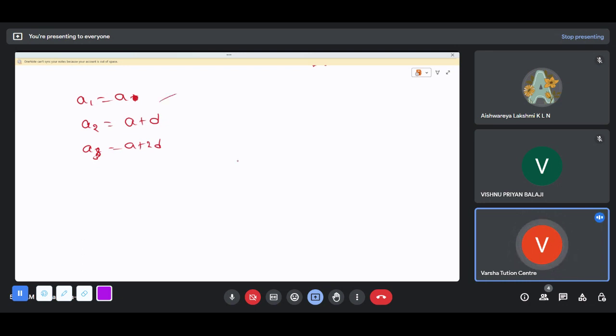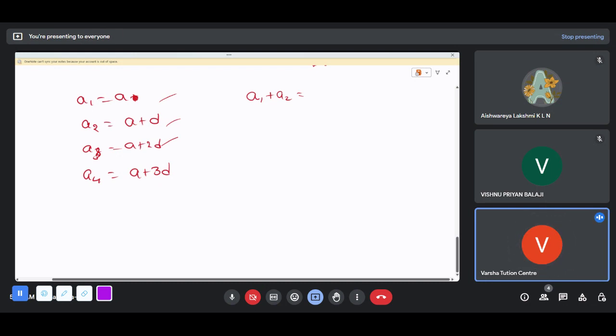This is a1, a2, a3. What about the a4 value, Yashita? a plus 3d. Everybody okay? Now we are going to do one special thing. A1 plus A2. What did you tell me? Meaning, what? There is a meaning to what you do.